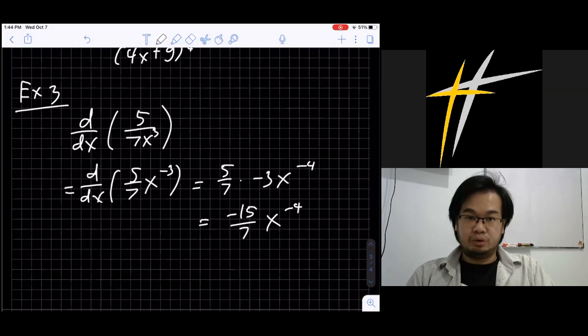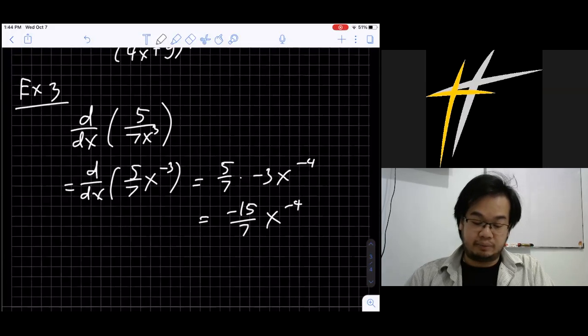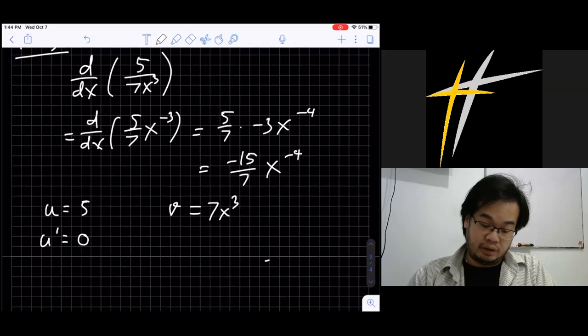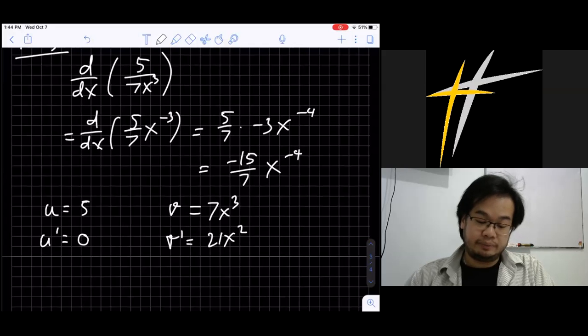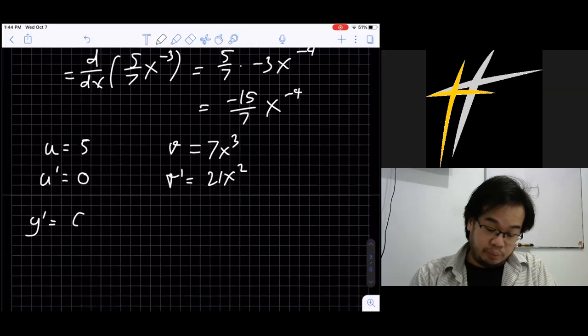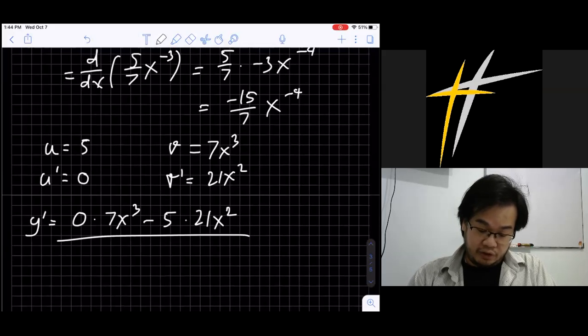Now, what if you want to do it with the quotient formula? That's fine. You will get the same result. So if u equals 5, then u prime is equal to 0. And v equals 7x cubed, then v prime is equal to 21x squared. So what we will have is y prime equals u prime v minus u v prime over v squared.